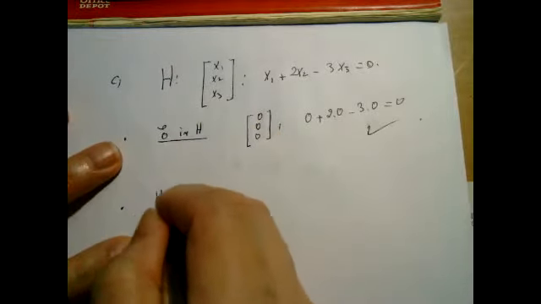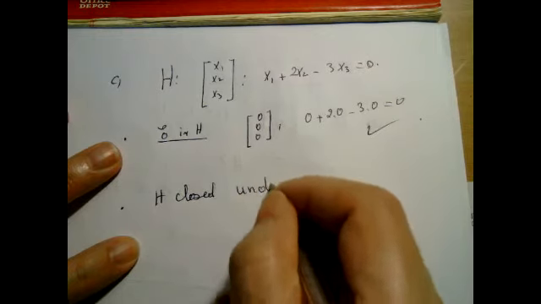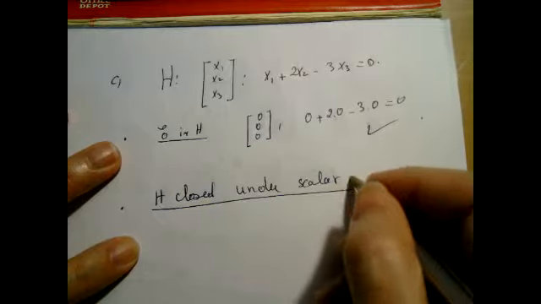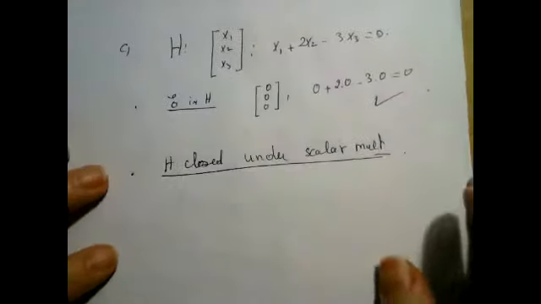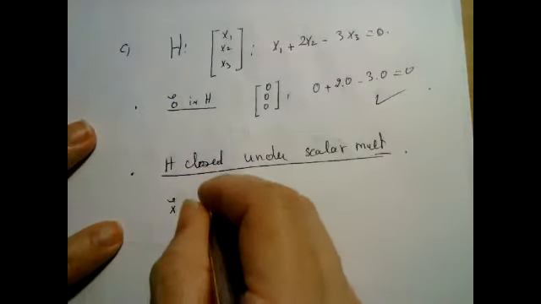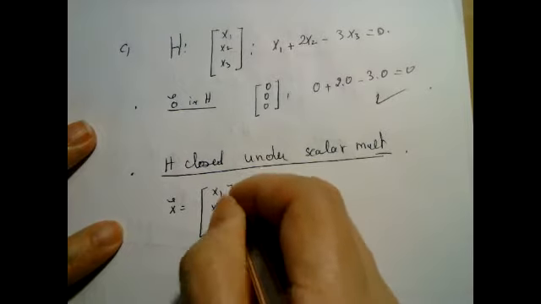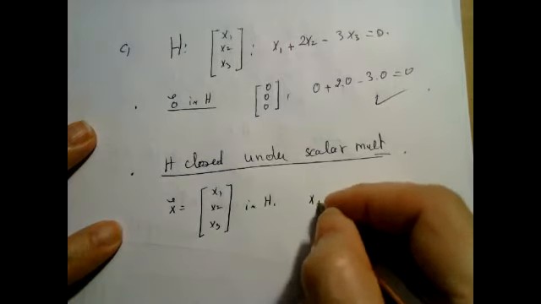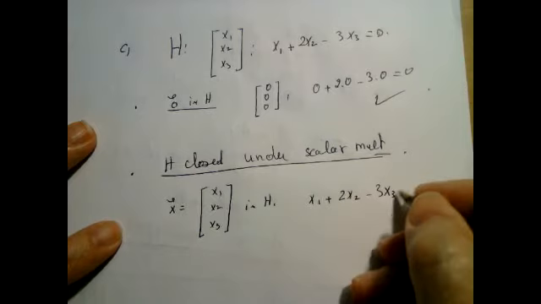As I said, I like scalar multiplication because it's easier to deal with. Now, is H closed under scalar multiplication? Okay, all right, let's see. Suppose I take a vector in H. In H means when I add those components, I should get 0.